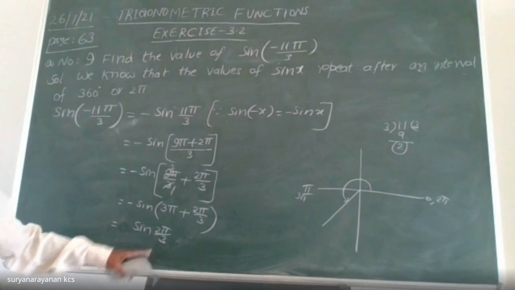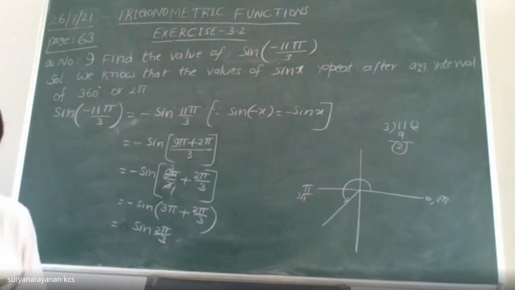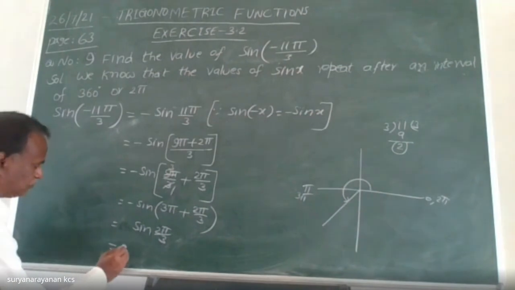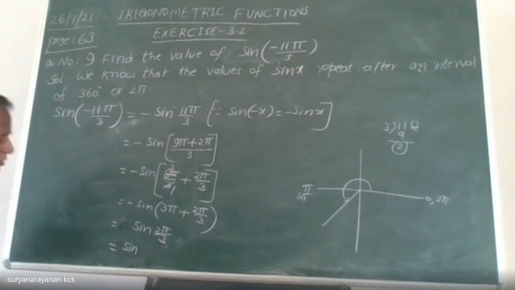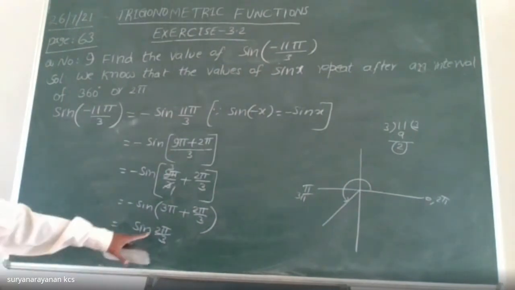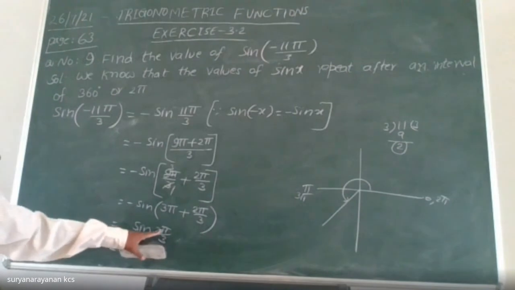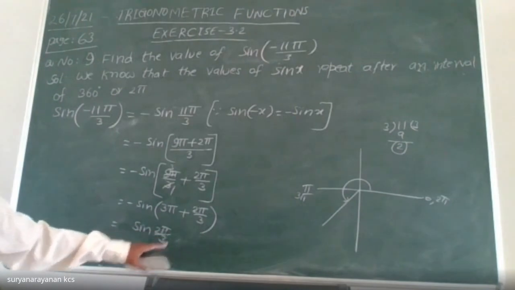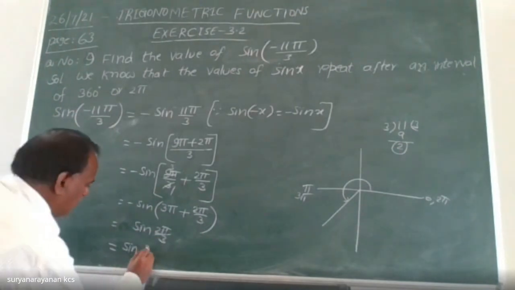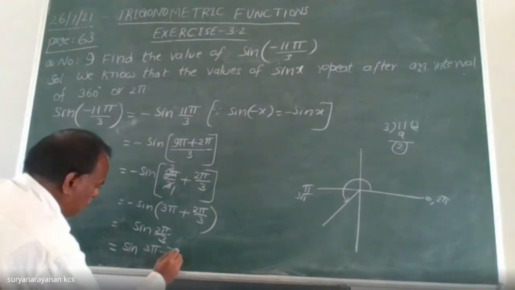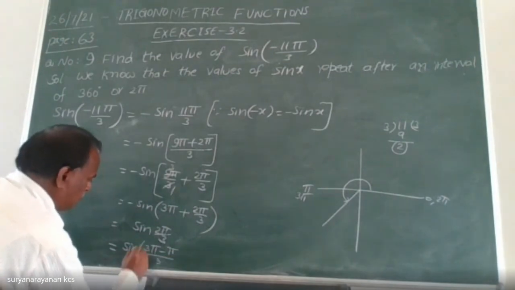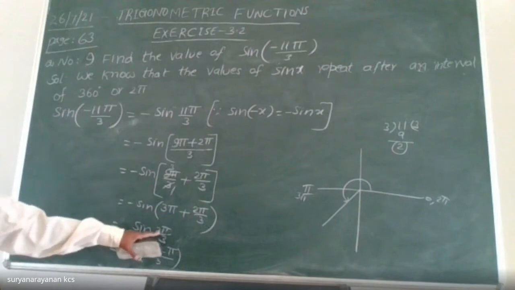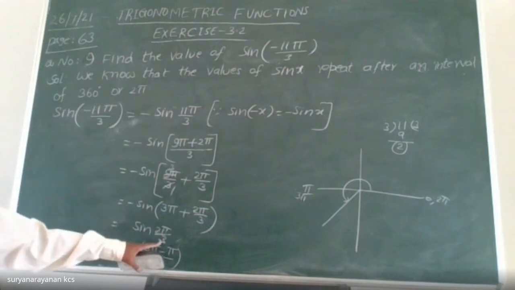Again, this 2 pi by 3 is not an acute angle. So we split 2 pi by 3. How do you split? 3 pi minus pi. Can we write it or not? Again we are splitting by a multiple of 3.